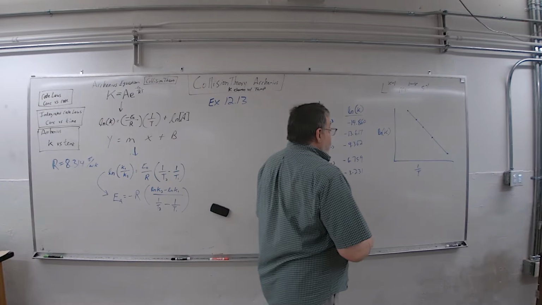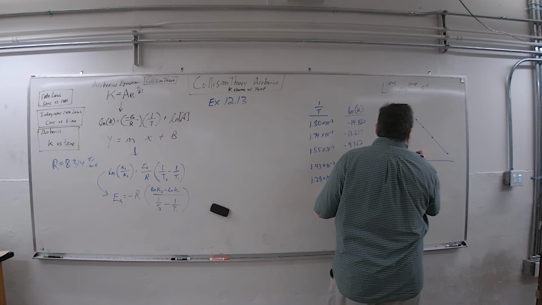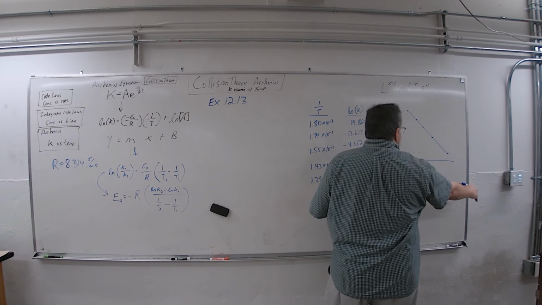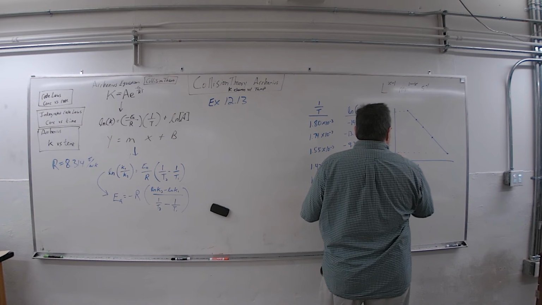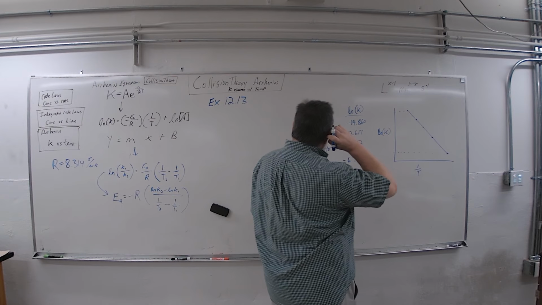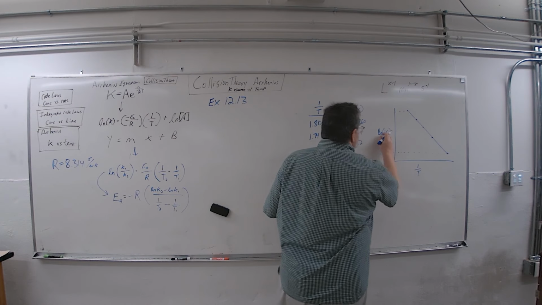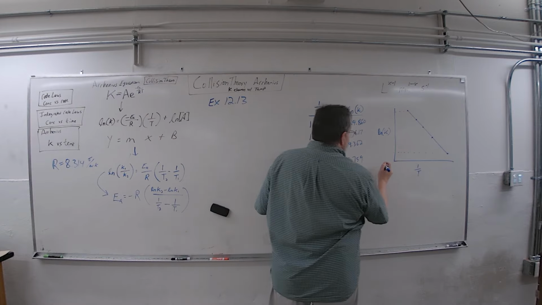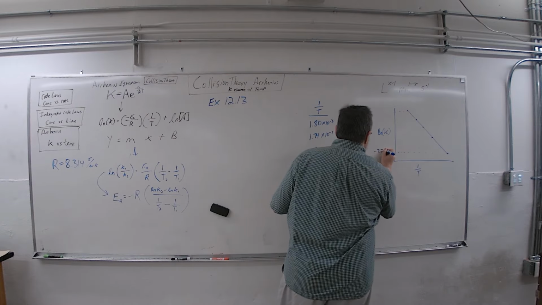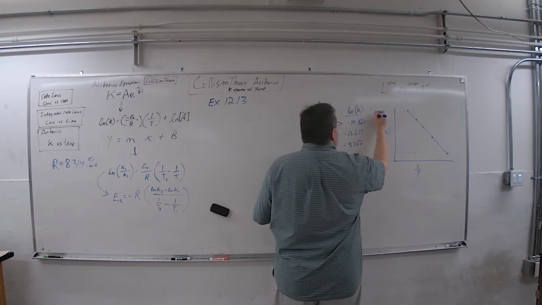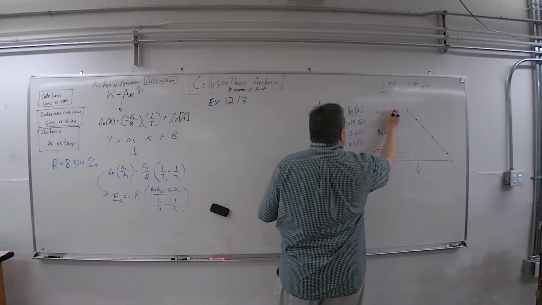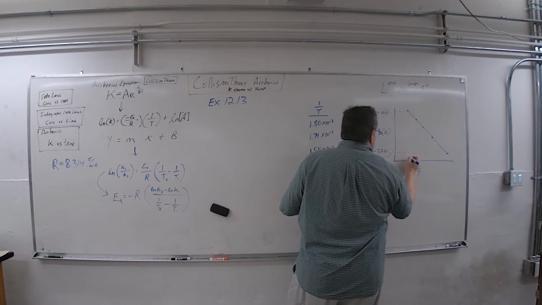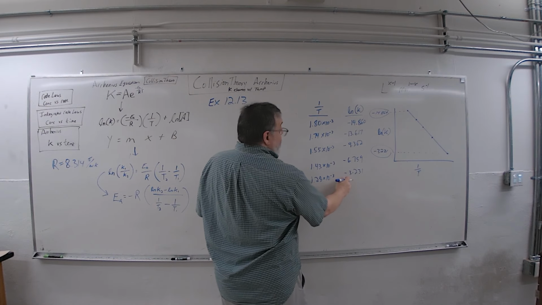So if I wanted to know the slope, we still do rise over run. And you want to use the full range of this if you're doing the slope. So across here is, down here is this, and up here is this one. So I'm going to use those two data points. And then here, 1 over t.